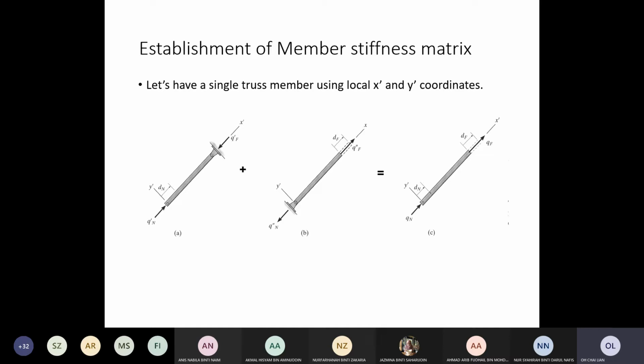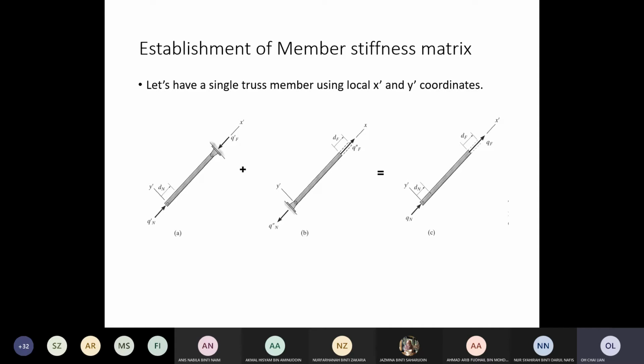Just now we were talking about the forces and displacements at the ends of the beam member. But if you look at the truss member, we are talking only about the axial force or displacement along the member, elongation or shortening. So it will be along x prime only.